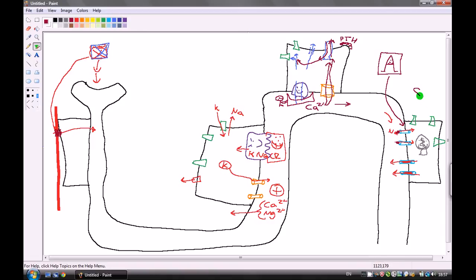Another drug is spironolactone, and it's an aldosterone antagonist. Okay, now aldosterone, if I can just draw a receptor, aldosterone will come in and bind to this receptor, causing transcription in the nucleus in the principal cell, and causing more sodium channels in the cytoplasm to go into the cell membrane.